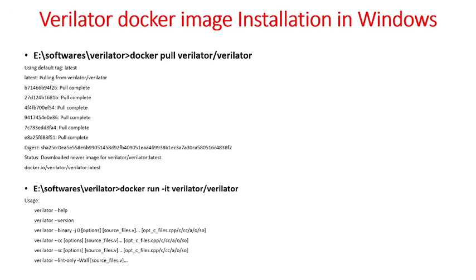I have presented the logs during the process of pulling the Verilator Docker image. Finally it will say downloaded newer image for verilator/verilator:latest. That shows that the very latest Docker image for Verilator has been downloaded. After that, if you want to run it, you have to use docker run -it verilator/verilator.